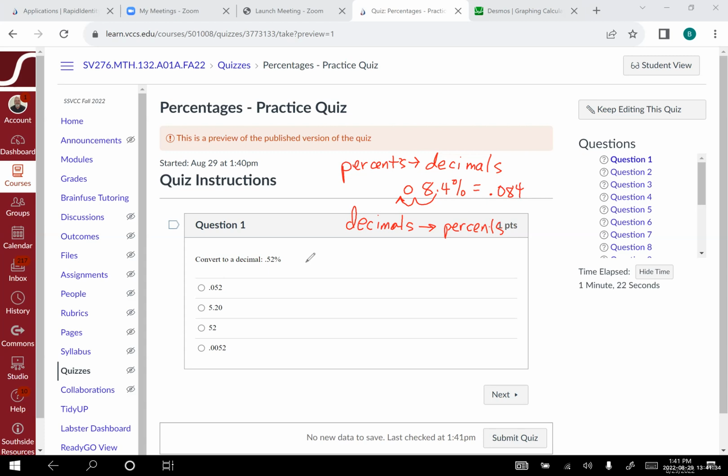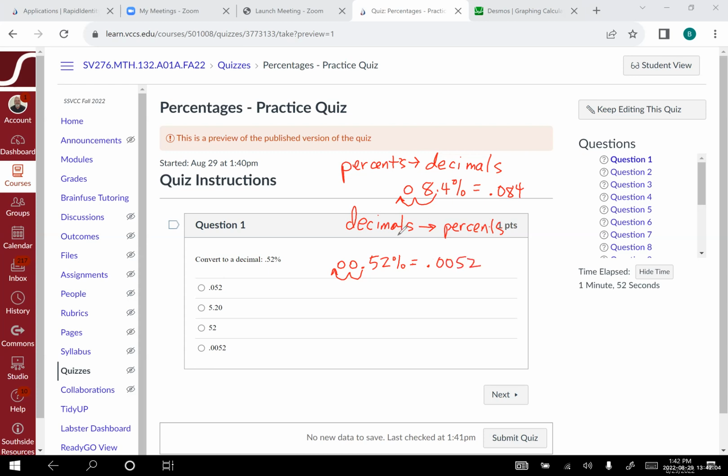So this question has 0.52%. We have to go to the left to make it a decimal. So with 0.52%, the decimal goes 2 spots to the left. There are no digits there, so we fill in with zeros and we get 0.0052.